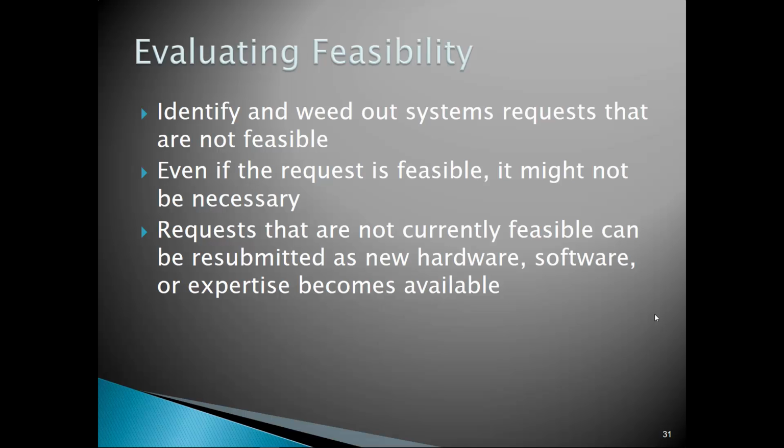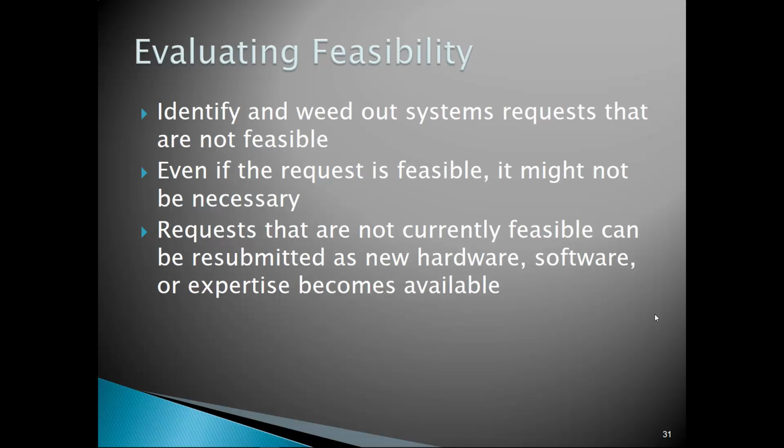So identify, weed out system requests that are not feasible. It doesn't mean, by the way, they go in the round file. It means that we just put them on hold. We may find out that what was once an idea or a system request that we can't do today, we suddenly cannot live without doing it tomorrow.